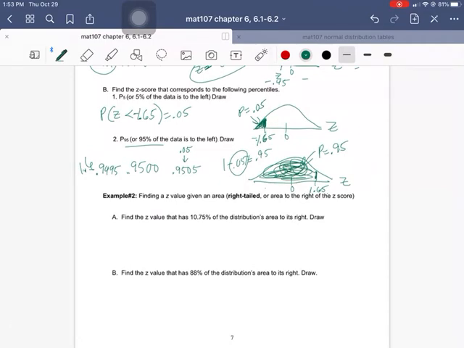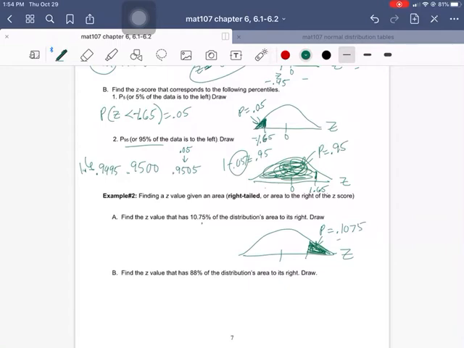All right, what if it goes to the right? What's the z-value if 10%, which is very little, goes to the right? Just this little bit here is 0.1075. I want to know this score. Clearly it's going to be positive.